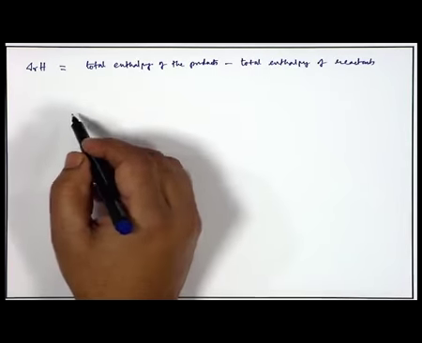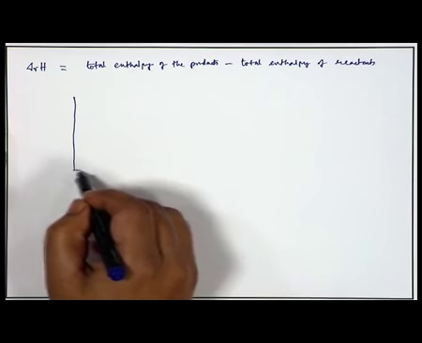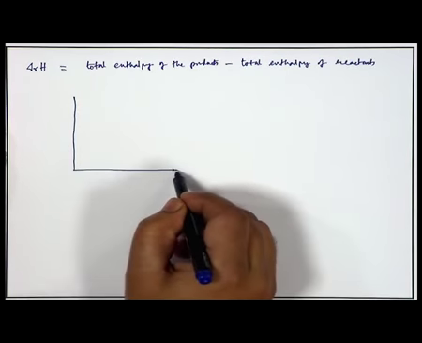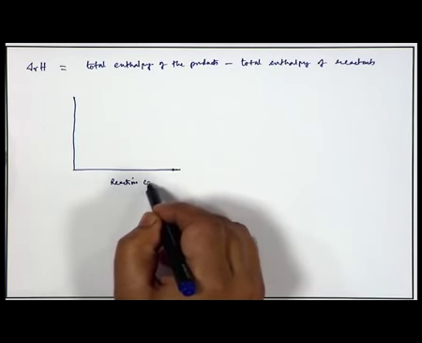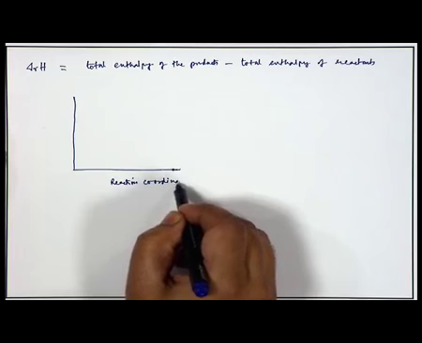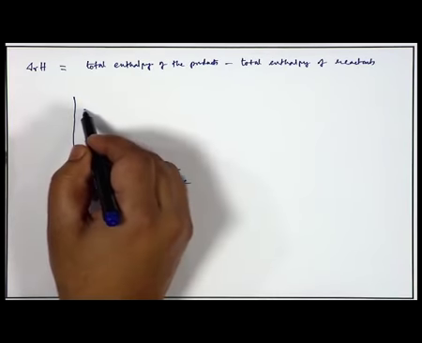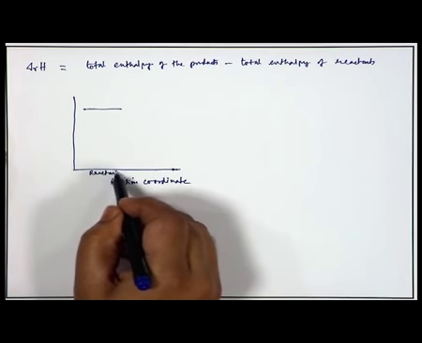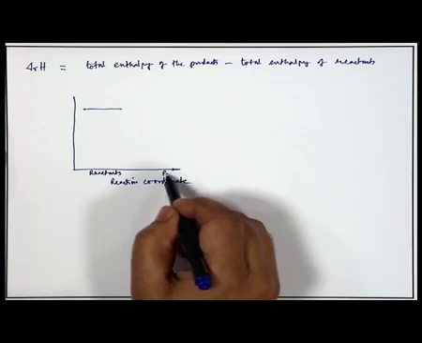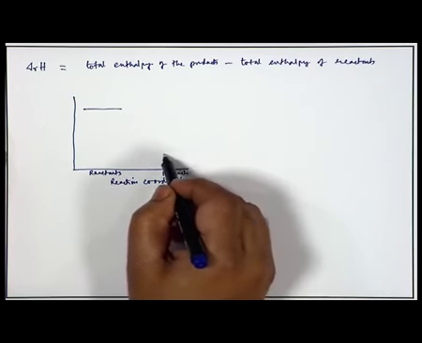So, if I plot on two axes, where the x axis is the reaction coordinate, and this is your reactants, and say here you have products, the corresponding energy level is this.